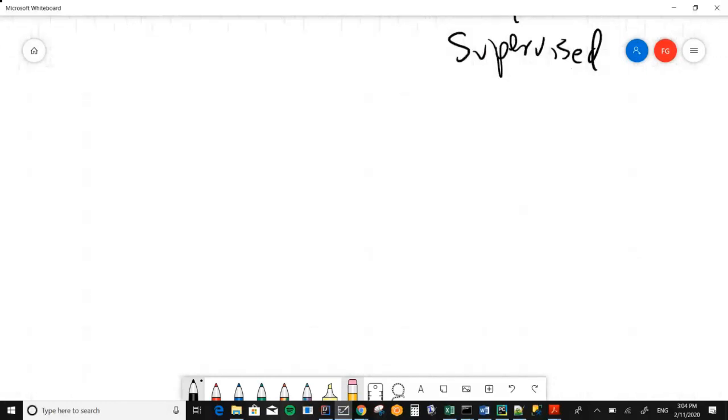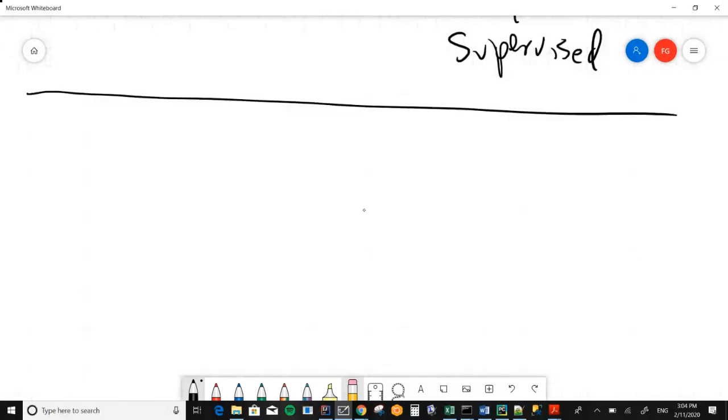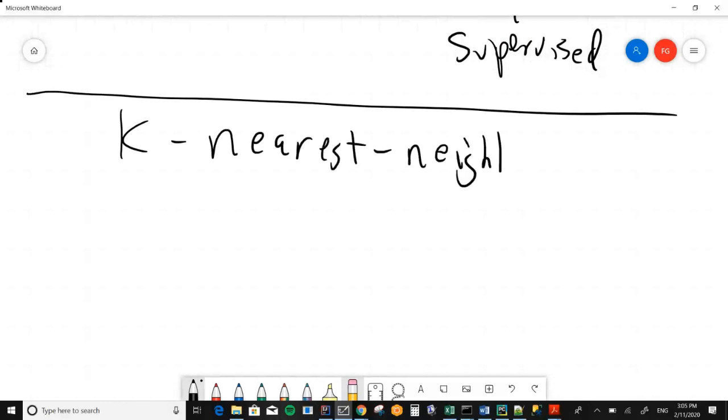So the first supervised learning algorithm we're going to look at is called K nearest neighbor. It's also known as KNN for short. This is, in my opinion, the absolute dead simplest machine learning algorithm to implement.